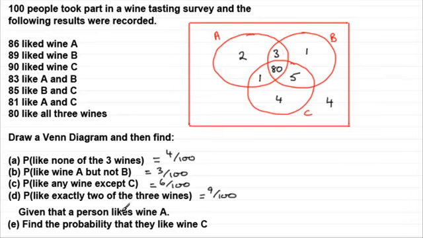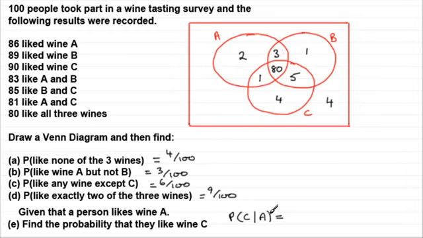We're given that a person likes wine A, find the probability that they like wine C. This type of probability question is often called conditional probability, and we would normally write it as the probability that someone likes wine C, given, with a vertical line, that they like wine A. And when you're working with Venn diagrams, these kind of questions are very easy to work out.